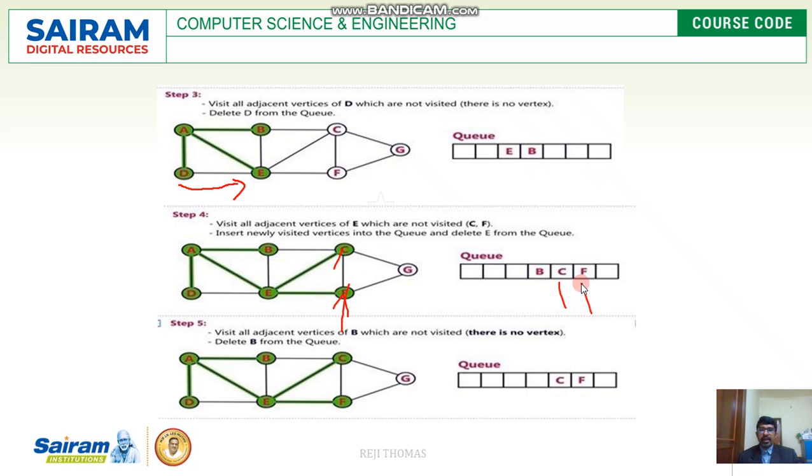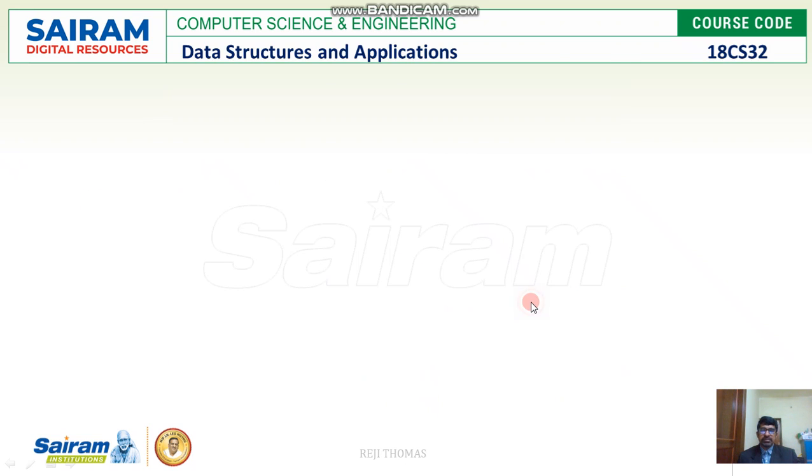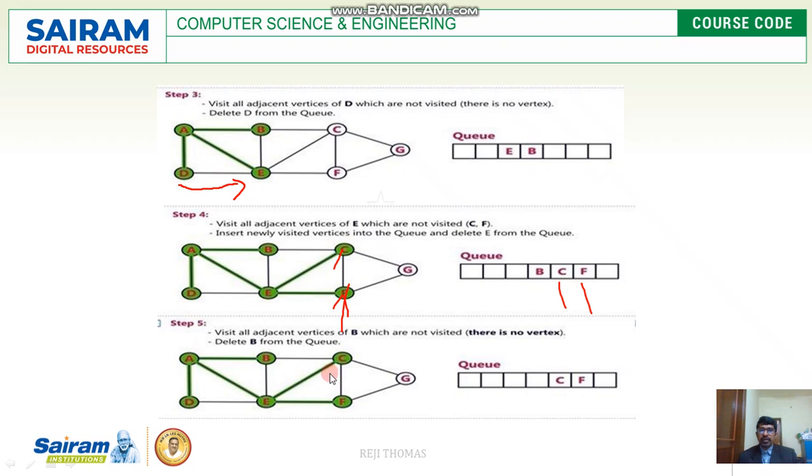Now I visit all adjacent vertices of B, which is at the front of the queue. When I visit B, I find there are no unvisited adjacent vertices, because all the nodes are already visited.